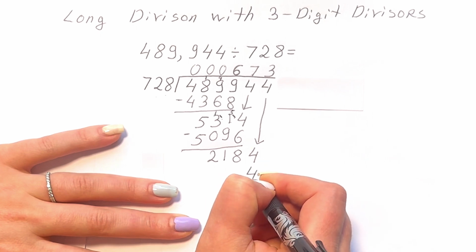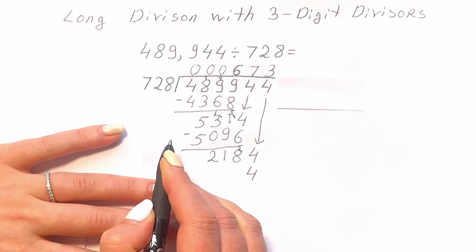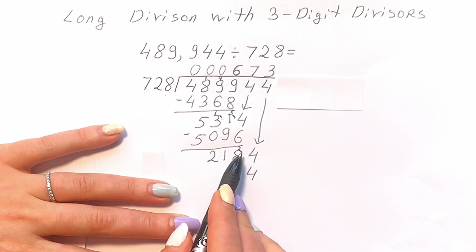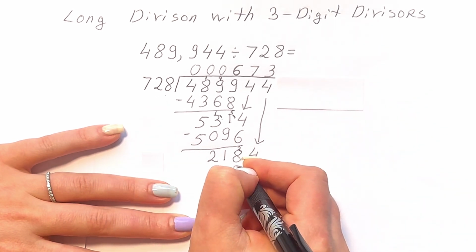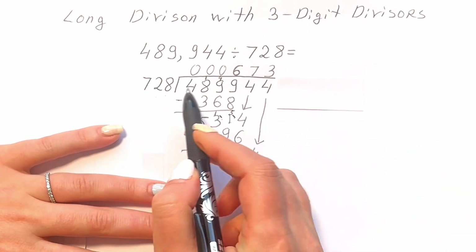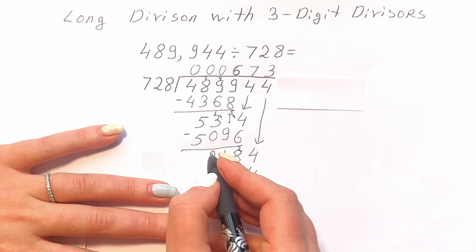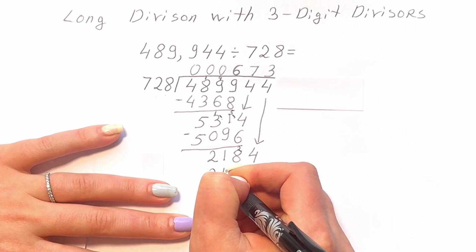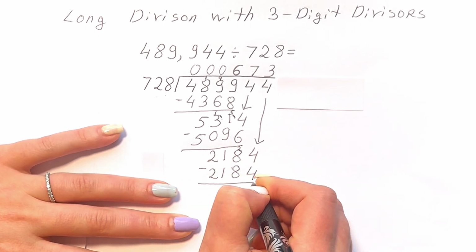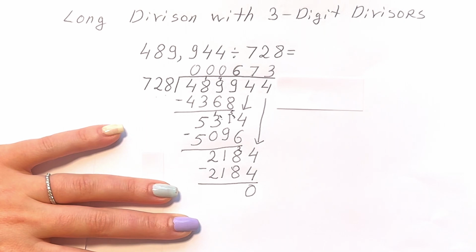I'm going to put the 4 and carry 2. 3 times 2 is 6. 2 more will be 8. 3 times 7 is 21. I'm going to subtract to get the remainder, which is 0.